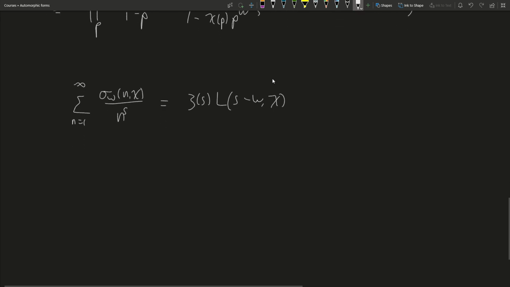There's a little bit of asymmetry going on here, and this shift by w might seem a bit strange. A way to explain that is with this functional equation.